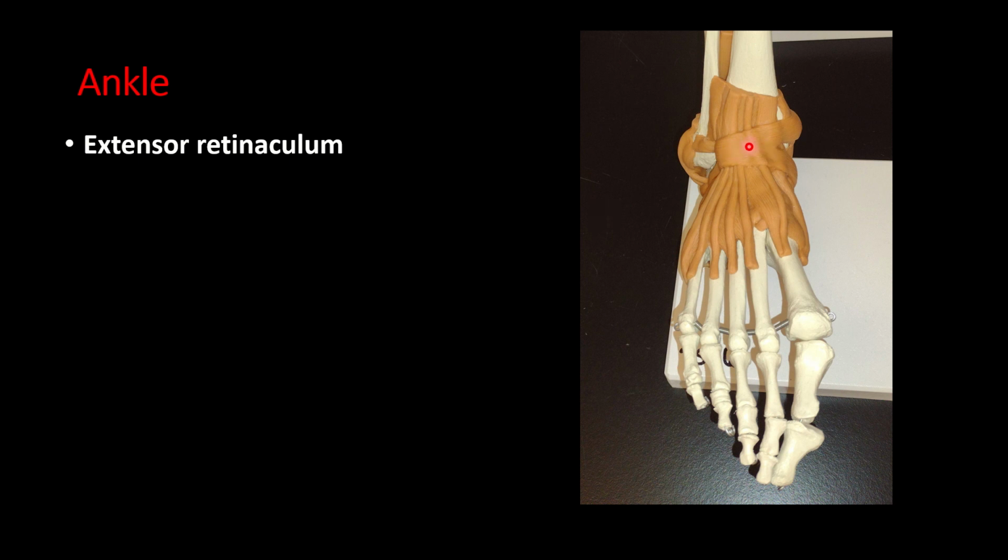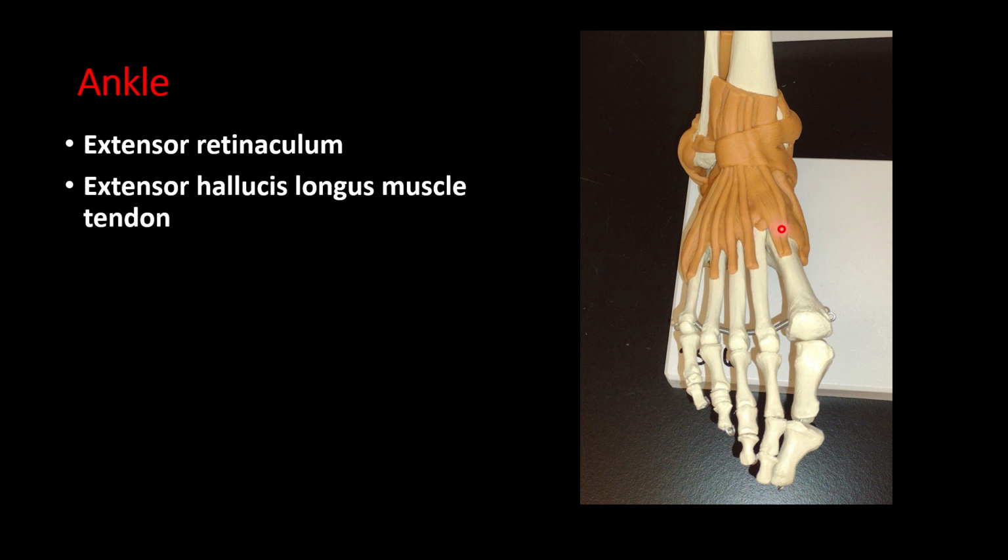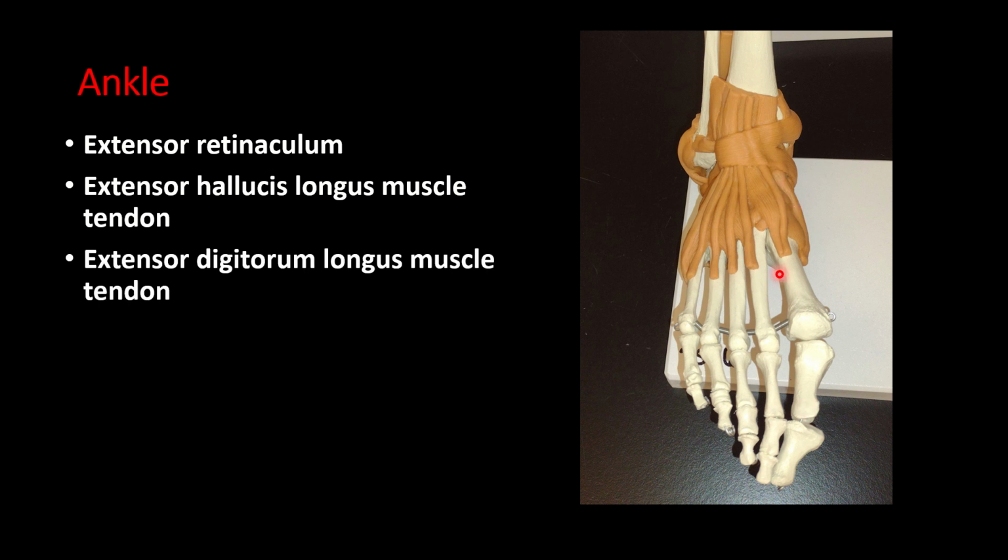So it's covering and covering these tendons, you see that? Extensor hallucis longus, so this should go all the way here. Extensor digitorum longus. You also have extensor digitorum brevis, so they are not shown here, but they are around this area.